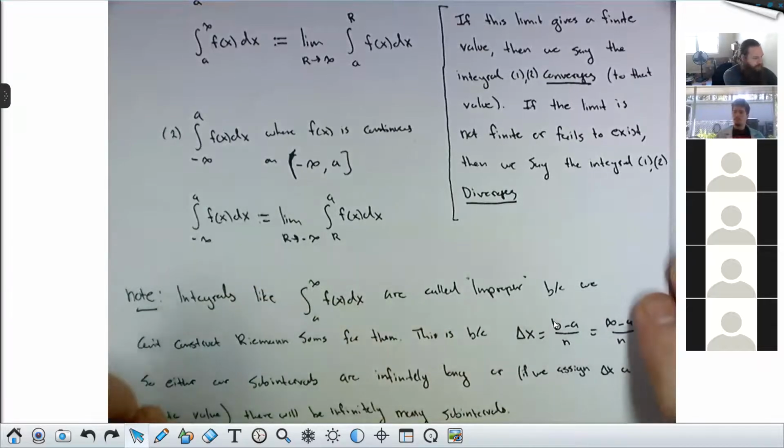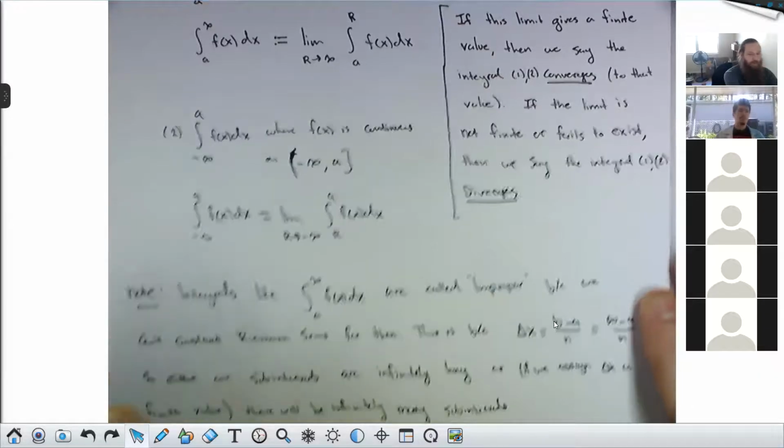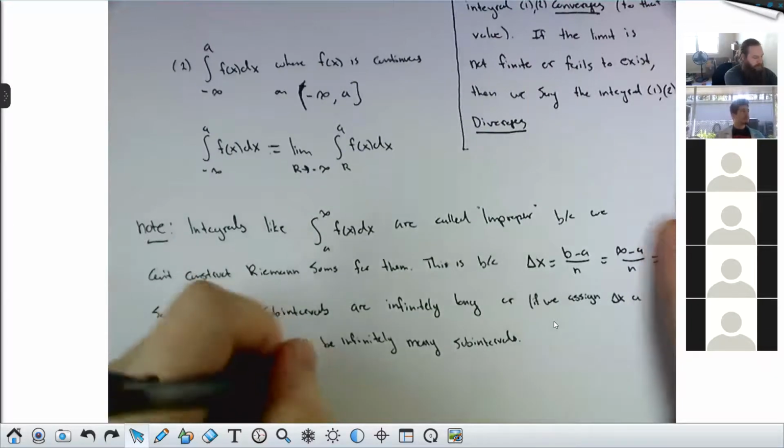In other words, these are not Riemann integrals.